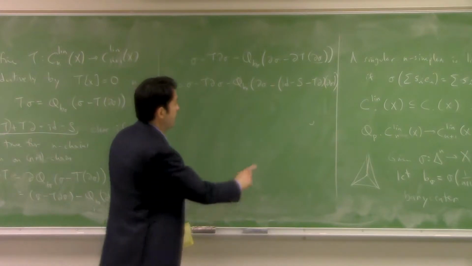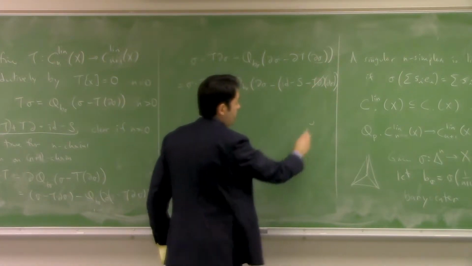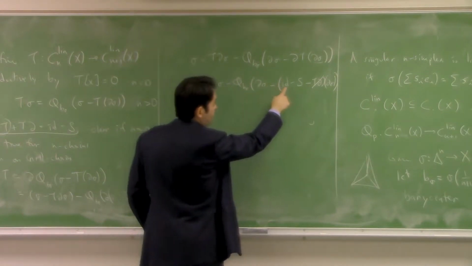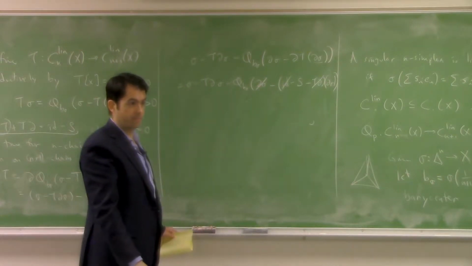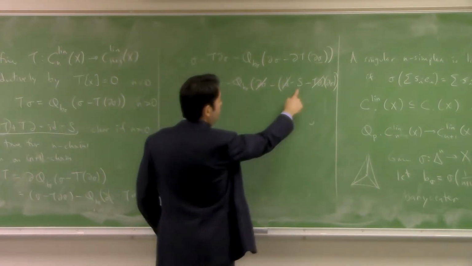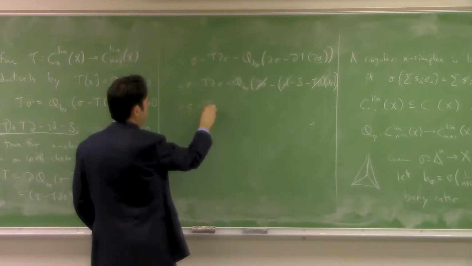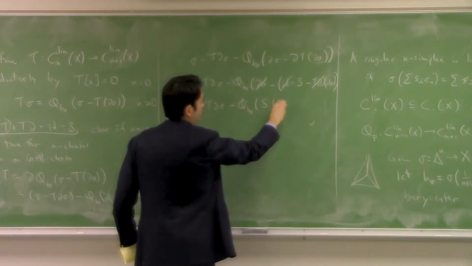T boundary applied to boundary sigma dies because I get boundary squared. Boundary sigma minus identity applied to boundary sigma, those die. And so we're just left with plus S applied to boundary sigma. So we get sigma minus T boundary sigma minus Q_B sigma of S of boundary sigma.